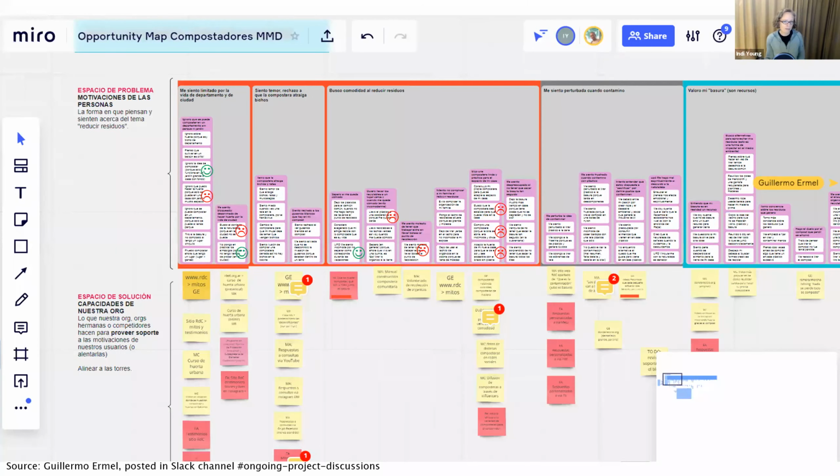This is an example, it's all in Spanish, of doing just that, where they're using these towers to create the frames for more research, and then using the results of that to map back on here.